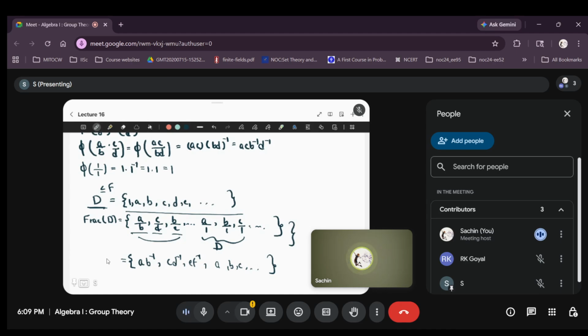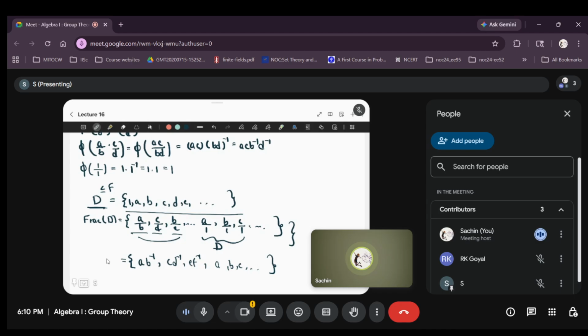You could take one element from the set, then you could take the inverse of every other element in the field, and you multiply those two together. Then also you would get a field. Should I repeat that? Yeah.